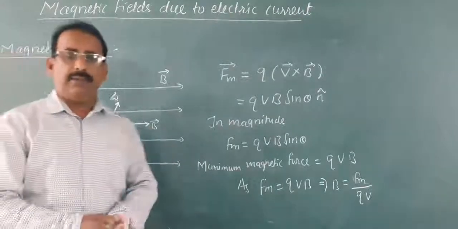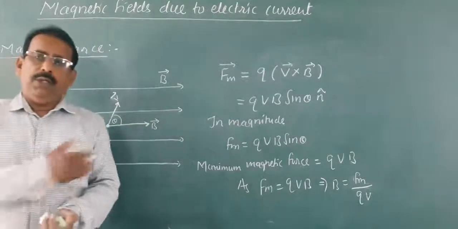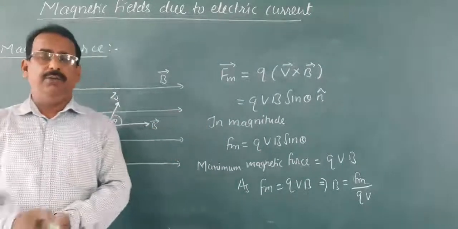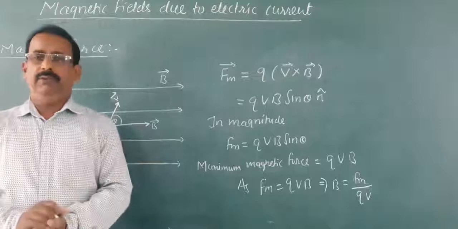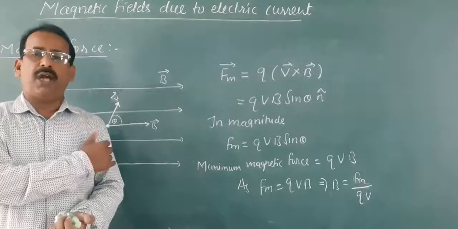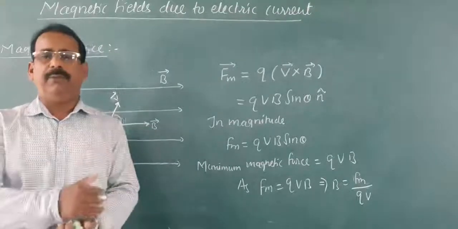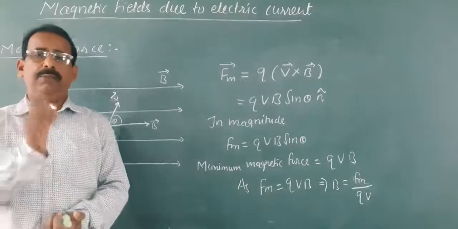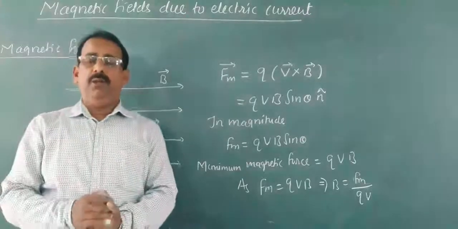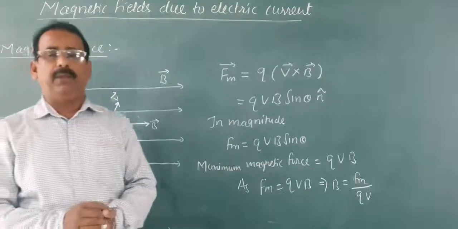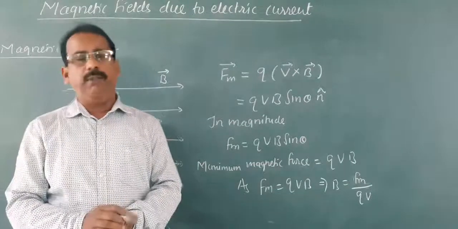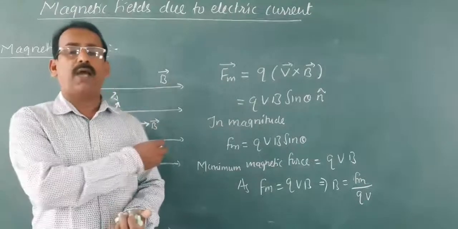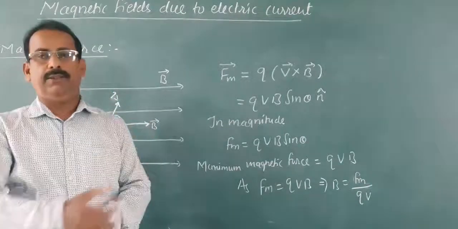Here remember that if an electric charge moves in the direction of the magnetic field or parallel to it, meaning when the angle between the velocity vector and magnetic field vector is equal to 0 or 180 degrees, no force acts on that electric charge.